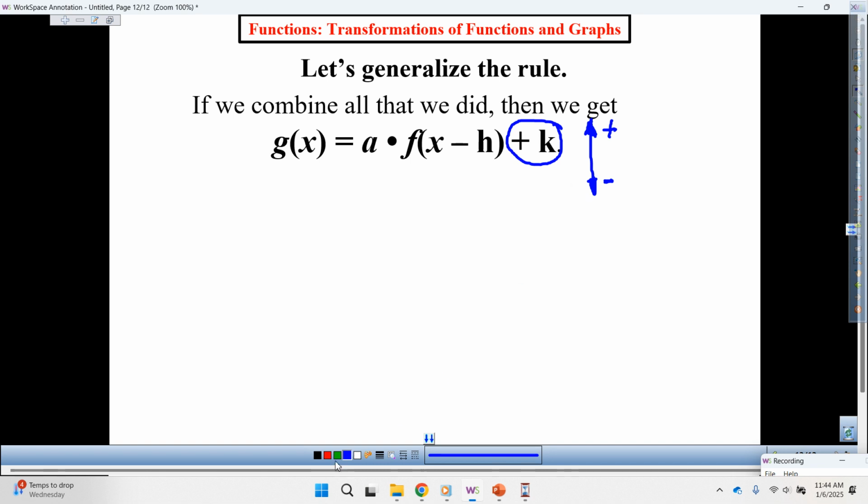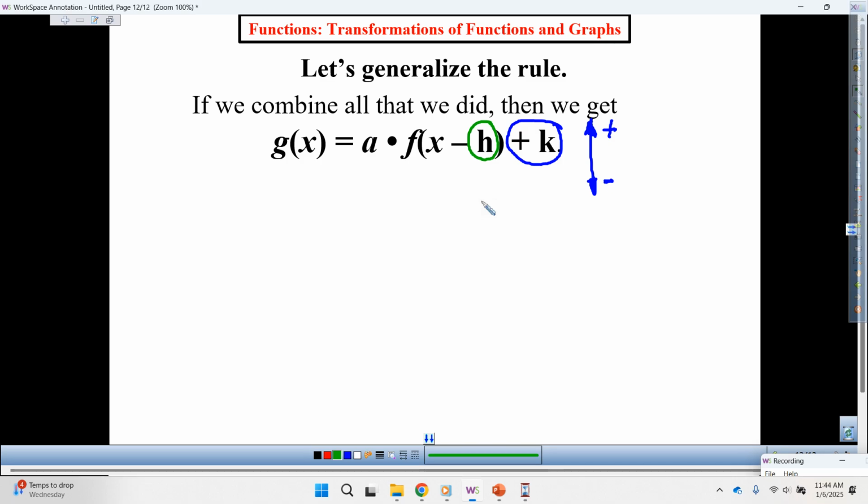Next, let's go to h. What does h do to the entire function? Remind your neighbor, please. What does h do? We substitute values in there. All right. What does h do to the entire function?